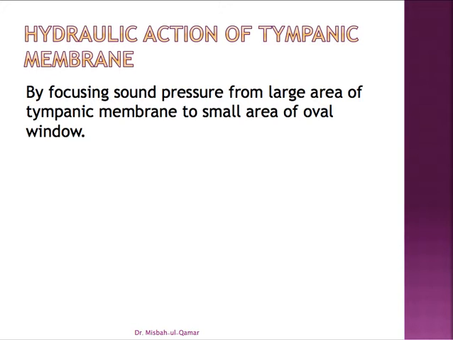So by focusing the sound pressure from this larger area to the smaller area of the oval window, the effectiveness of the energy transfer between air and the fluid of the cochlea is increased, right? The effectiveness of the energy transfer is increased.